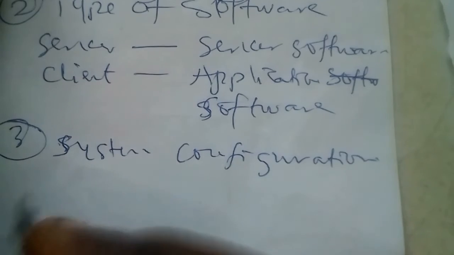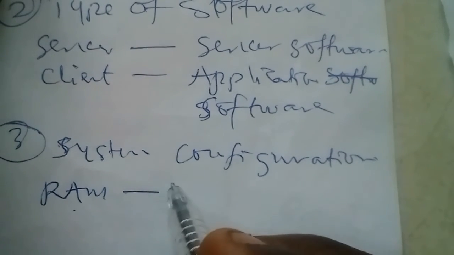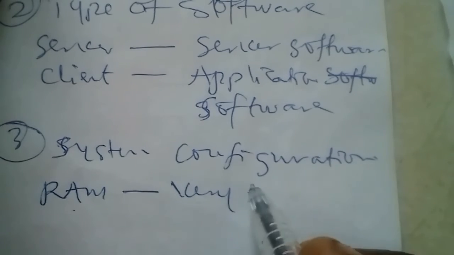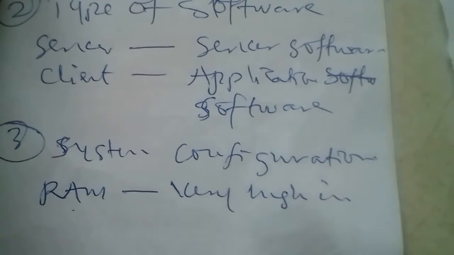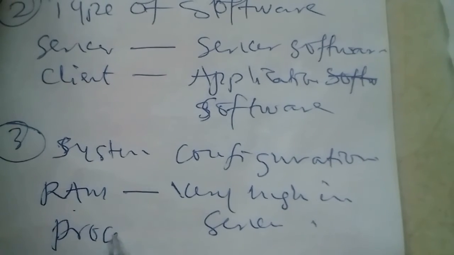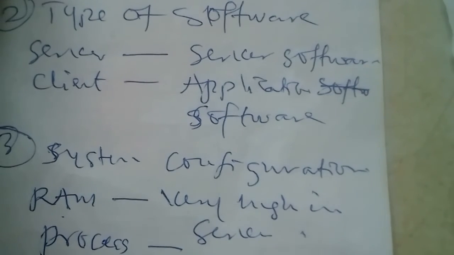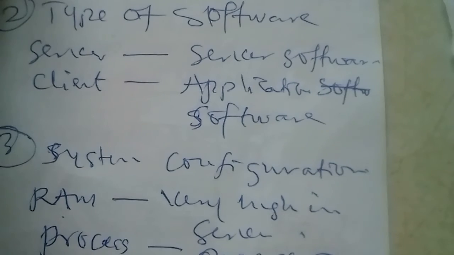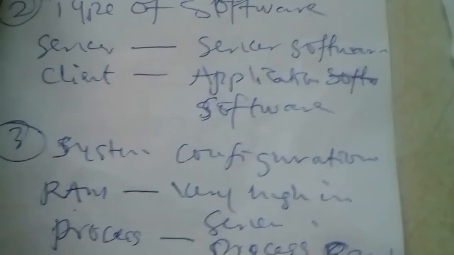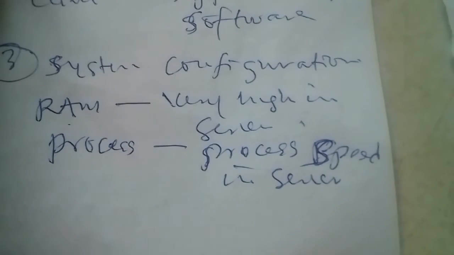Now, if it is RAM, that's random access memory, it has to be high, very high in a server. In the processor, the processor speed has to be high in a server.